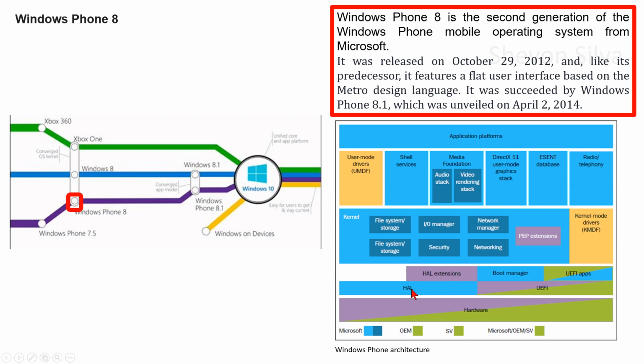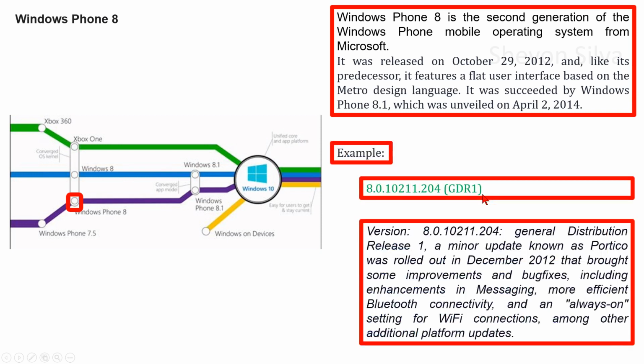Below that you can see HAL, and below kernel you can see boot manager and UEFI apps. Below that you can see UEFI, and below HAL and UEFI you can see hardware.